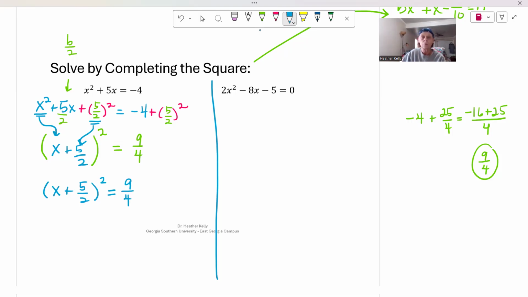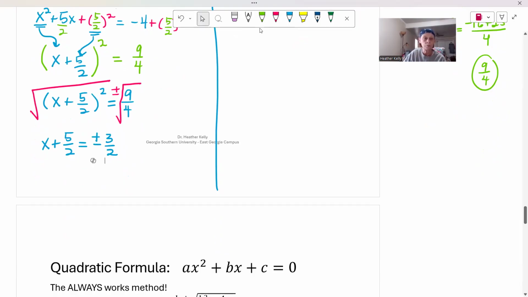So at this point, we can employ the square root property. Plus or minus. And what we wind up with is x plus 5/2 is equal to a compound equation, plus or minus 3/2. And so at this point, we've got two equations. Scroll down just a little bit.